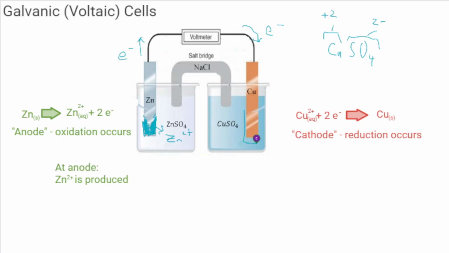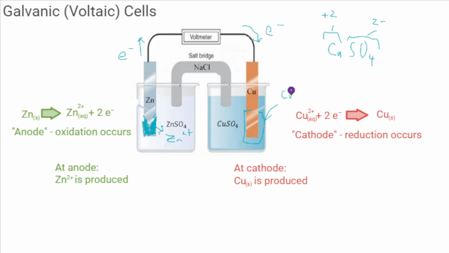And then over on the copper side, we're going to be having copper produced. So at the cathode, copper solid is produced, and as that is happening, it is going to plate onto our electrode.